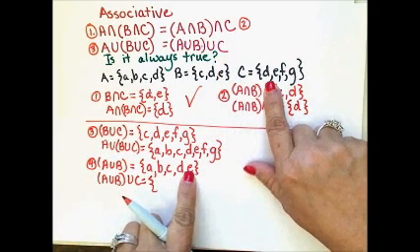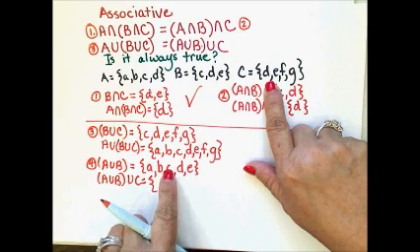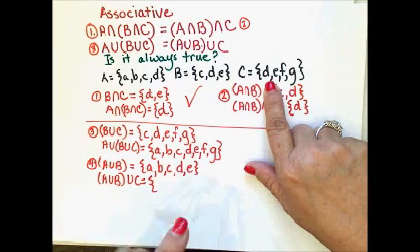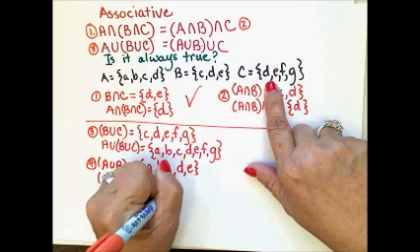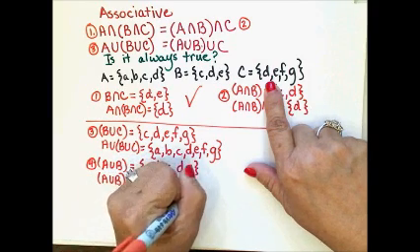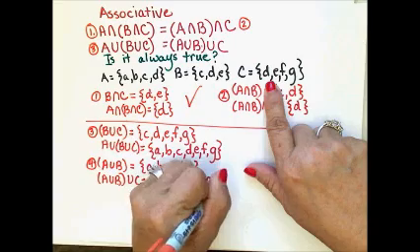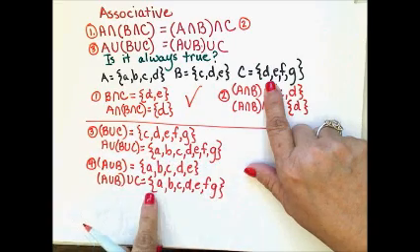So we've got A, B, C, D, E, F, G. And those two are the same there.